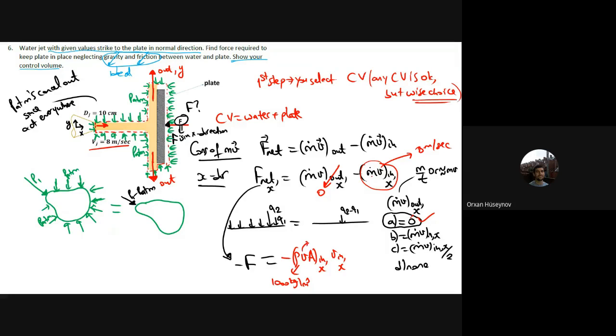The velocity is 8 meters per second. And the area is the cross-sectional area, which is pi d squared by 4. Okay, and diameter is 10 centimeters, therefore 0.1 meters. And from here, you will find the net force because you know the rho, you know the v, and you know the area. Similarly, v in x is 8 meters per second. You know all of these quantities, and you can find the force that acts in x direction.